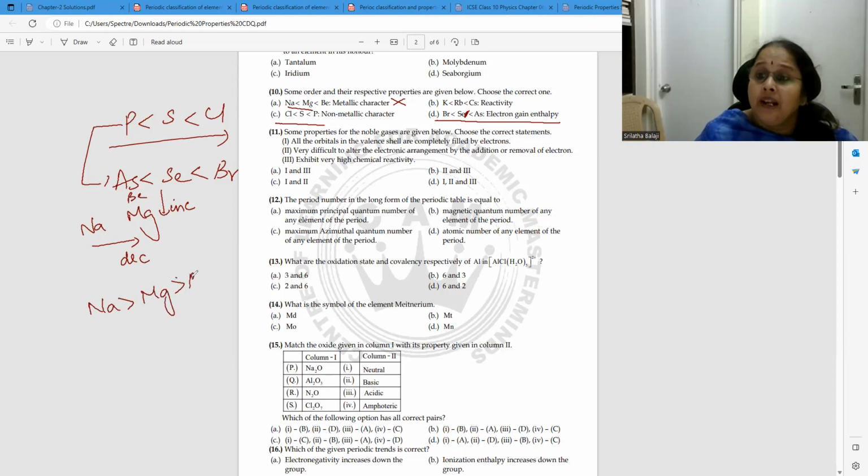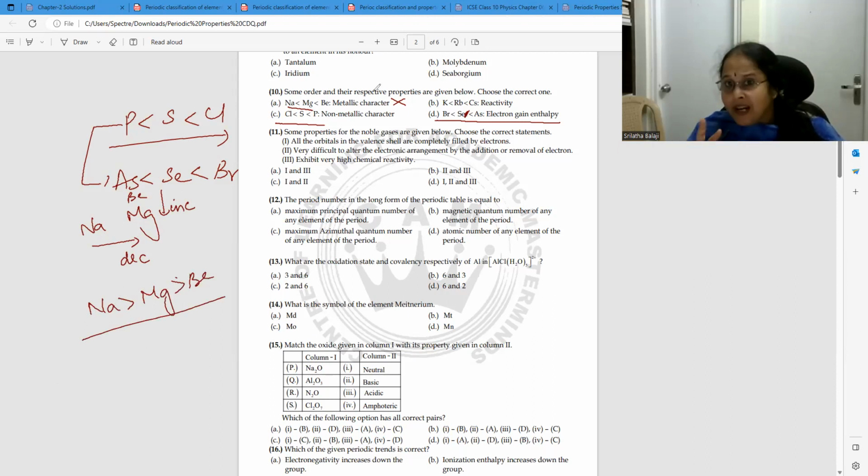Isn't it? Are you able to get it? Is that clear? So when elements are given from different periods and different groups, figure out the position and use the trends this way. You will get the correct order. Are you able to get the way I'm working?